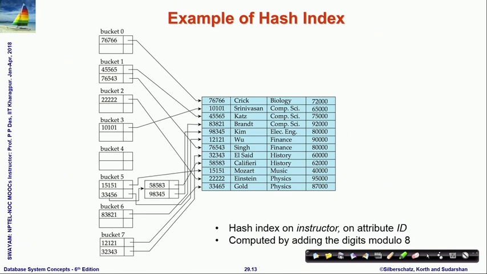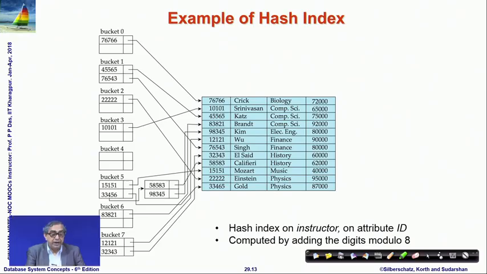So, this is a hash indexing example. Here I am showing the hash indexing with the ID of this table, and the index is computed by adding the digits modulo 8, assuming that there are 8 buckets. If you look at bucket 0, the key that has gone there is 76766, which is 7 plus 6 is 13, 20, plus 6 is 26, plus 6 is 32, modulo 8 is 0.